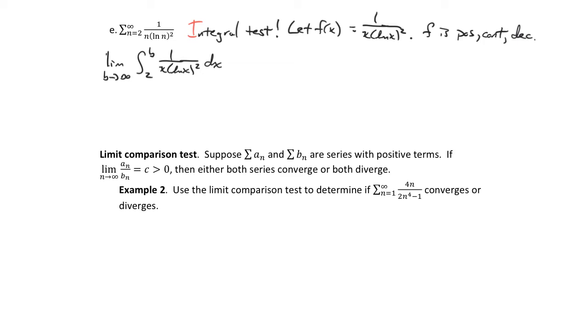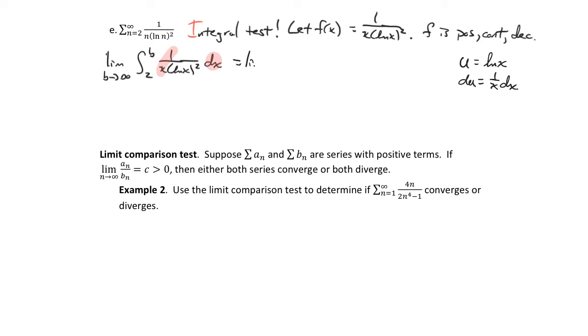So we're going to let u be equal to the natural log of x. du is 1 over x dx. So 1 over x dx will become du.